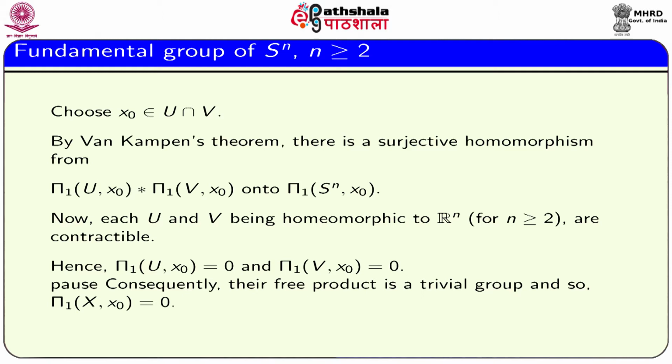And we know that a contractible space has trivial fundamental group. So, π1(U, x0) is trivial and π1(V, x0) is also trivial. Consequently, their free product is a trivial group, and so the fundamental group of X at x0 is trivial.